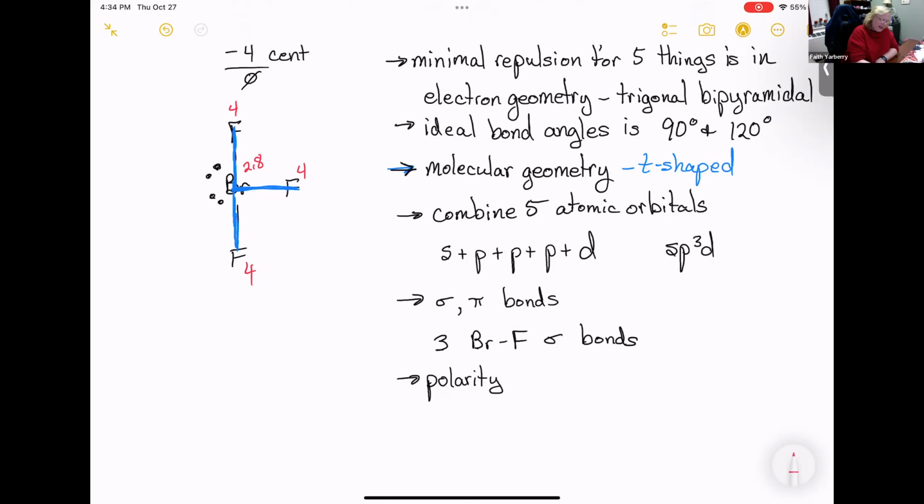So technically, they're not straight up and down on these fluorines. They're more at a slight angle on those fluorines. So when you think about it being at a slight angle, it means that there is a dipole moment towards the fluorines away from the bromine. So this molecule is polar.